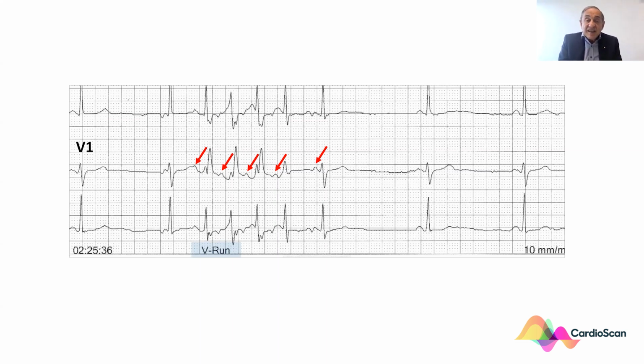But you can see the P waves in this example, and what is particularly important, as it gets slower, we lose the aberrancy. And therefore, this clearly is not a ventricular tachyarrhythmia. It is rather an atrial tachycardia with aberrancy.